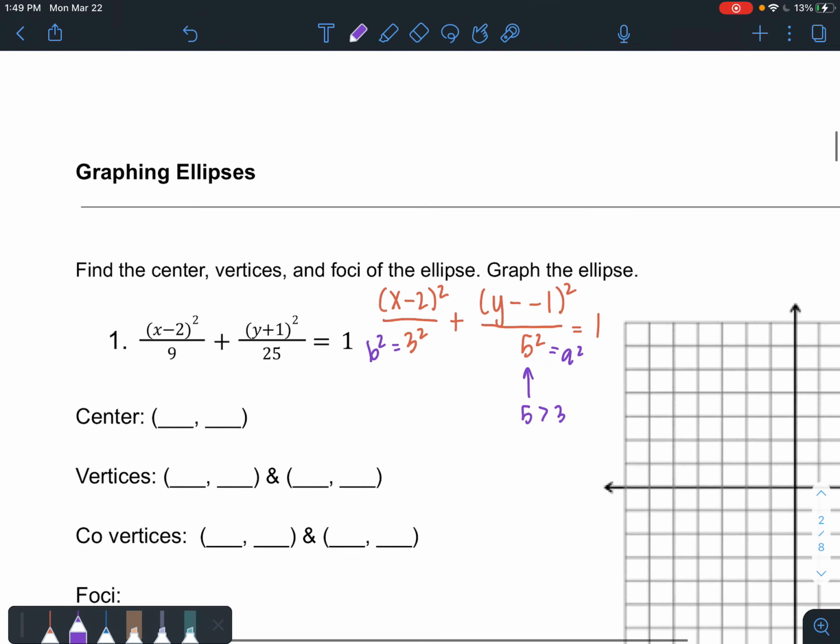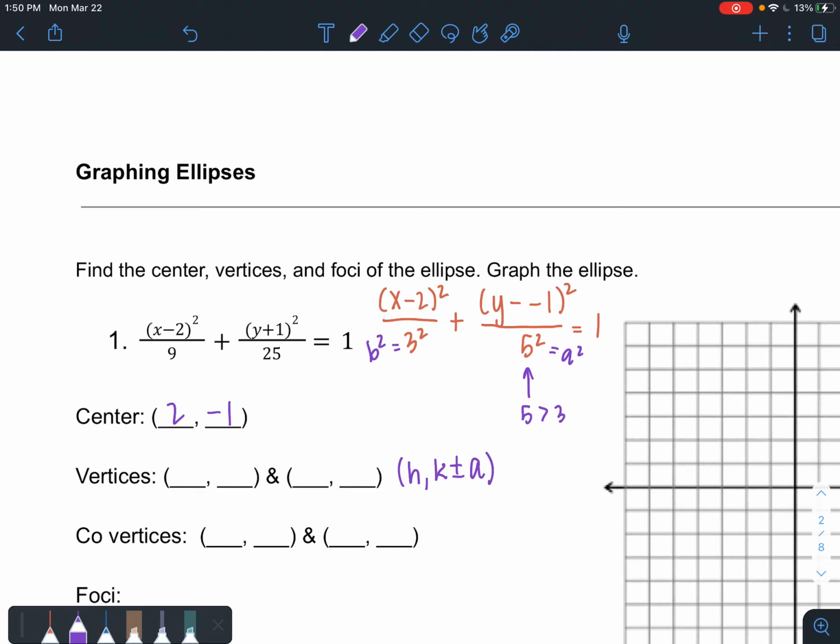Okay, so then my center is (h, k), so that's going to be positive 2 and negative 1. The vertices, since we have a major vertical axis, it's going to be (h, k plus or minus a).